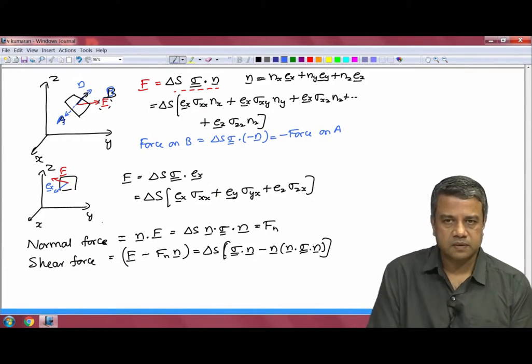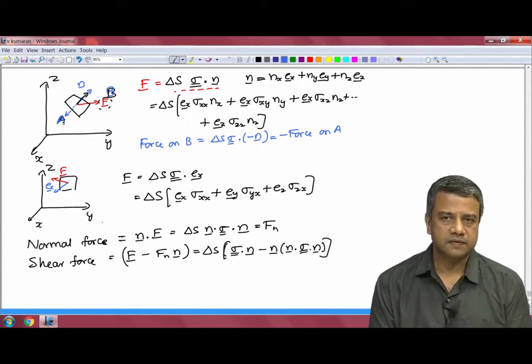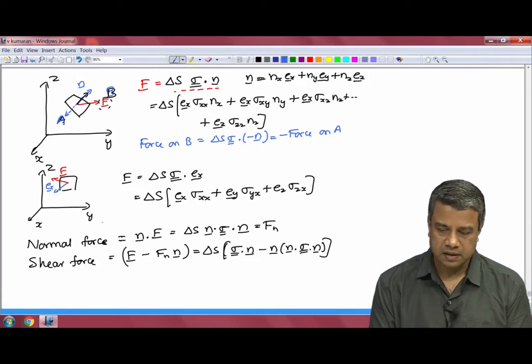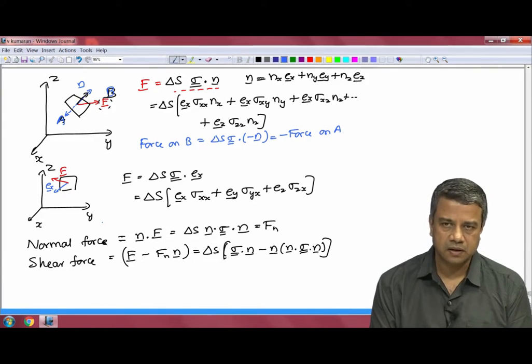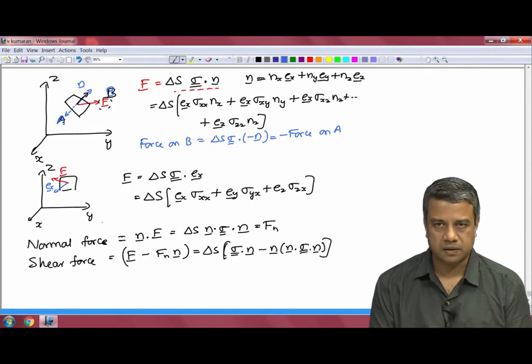And at a surface within a fluid, if I want to find out what is the force exerted, I would take the stress tensor and dot it with the unit normal. Dot the second index of the stress with the unit normal.